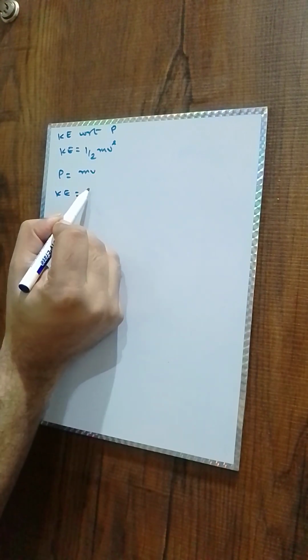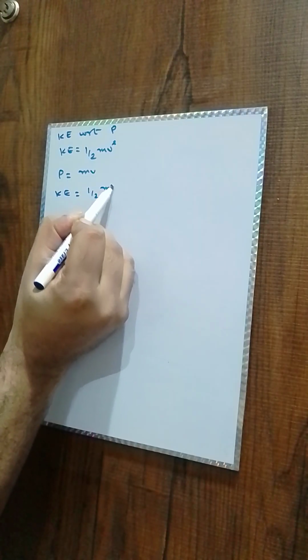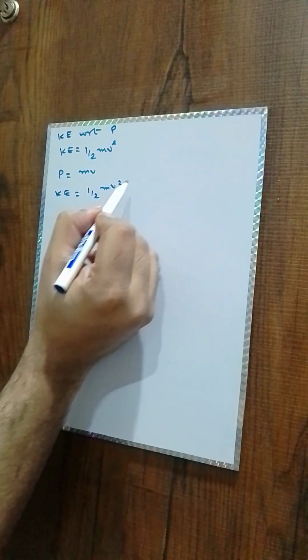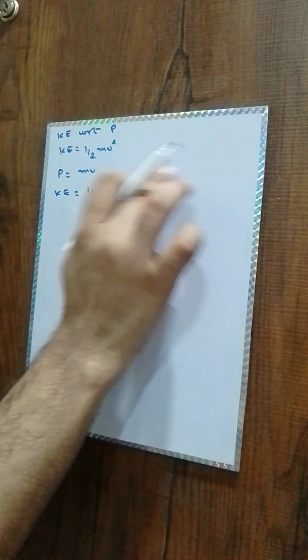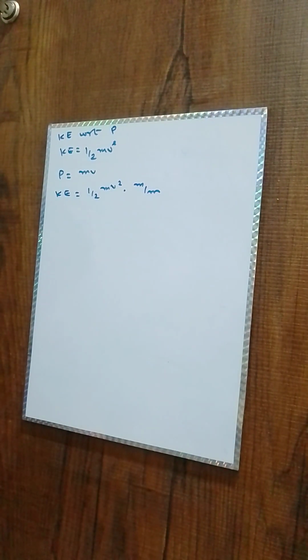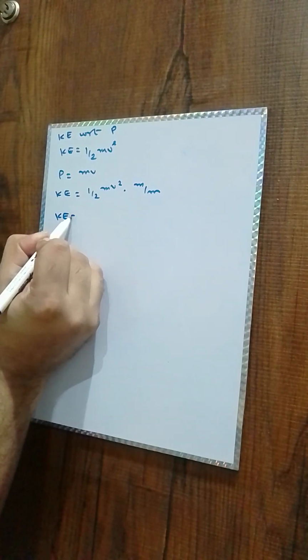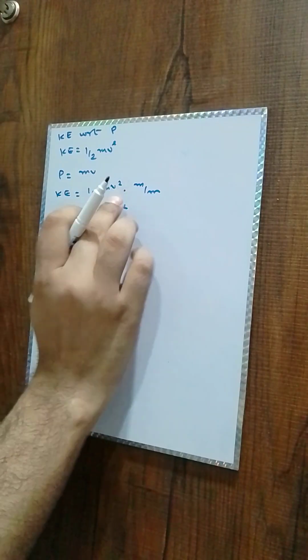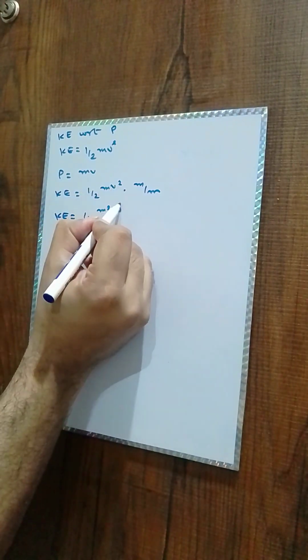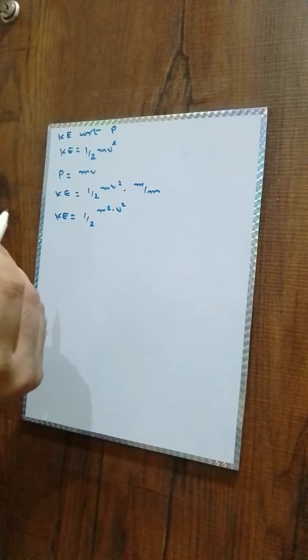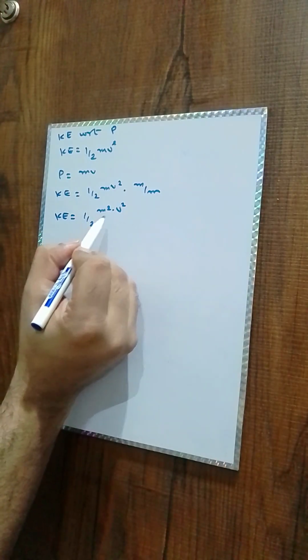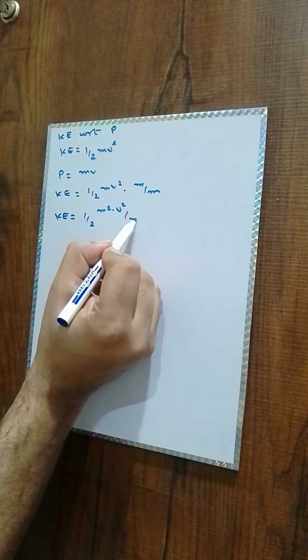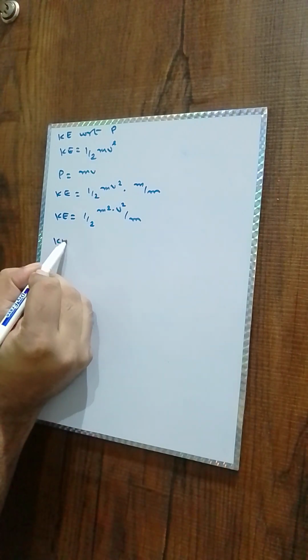If we take the form for kinetic energy, it is 1 by 2 mv square, and if we multiply and divide it by m, what we get is KE is equal to 1 by 2 m square v square by m.